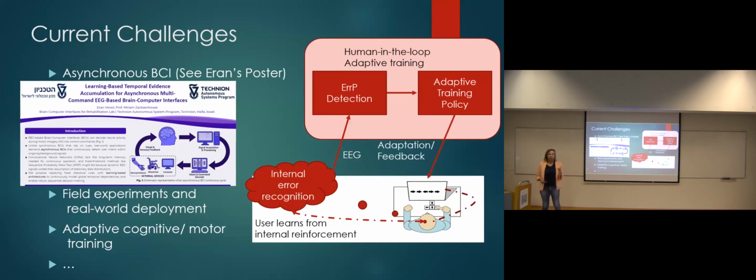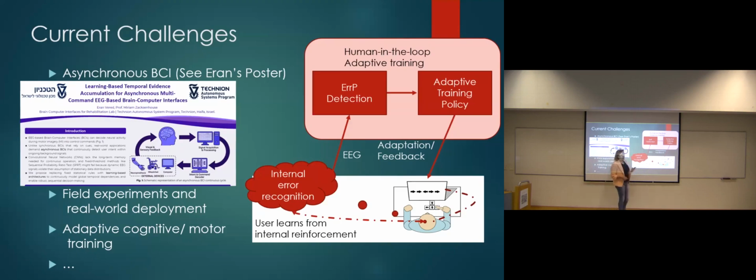We want to use this information to improve the ability of the training system to give feedback to the person. So if the person is doing, in this case, a positive task, he has to press right or left depending on the direction of the middle arrow, and we want him to improve his performance.